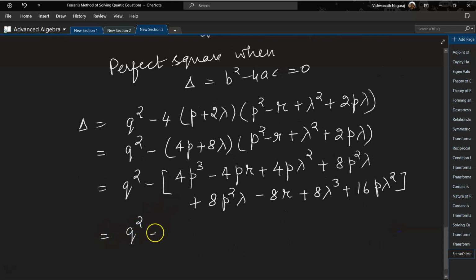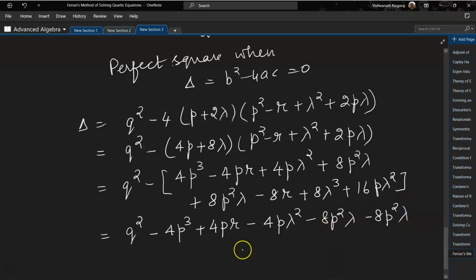So we get q square minus 4p cube plus 4pr minus 4p lambda square minus 8p square lambda minus 8p square lambda minus 8 plus 8r minus 8 lambda cube minus 16p lambda square.